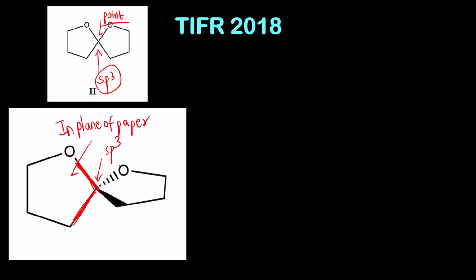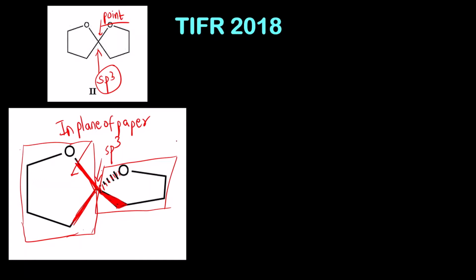whereas this other ring, suppose this first ring is in this plane, then the other ring will be in a plane perpendicular to that. That is, one bond will be going away from us and the other one is coming towards us.